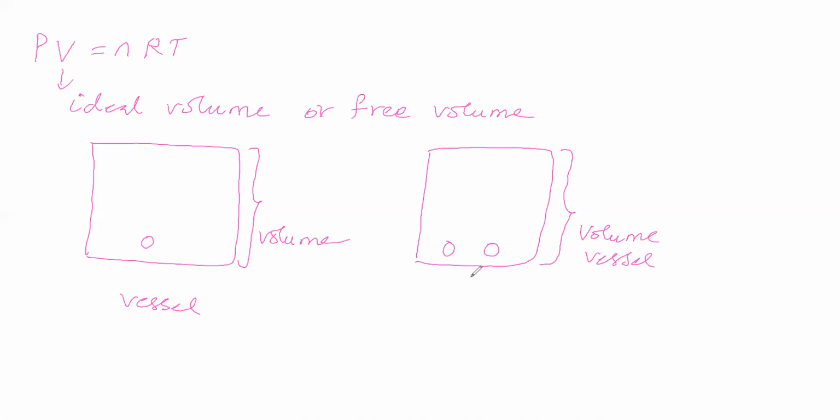Now let us consider the two gaseous molecules, the first molecule and the second molecule. Now shall we say for this first molecule, this entire volume, this entire space is completely available, that means exactly available for free movement.